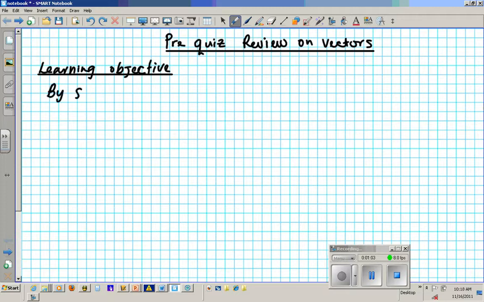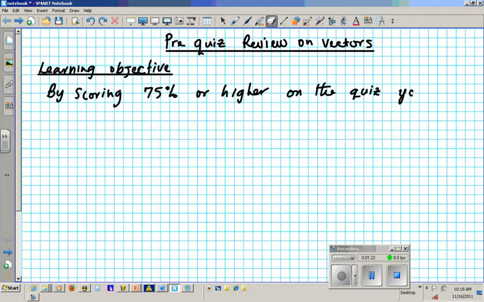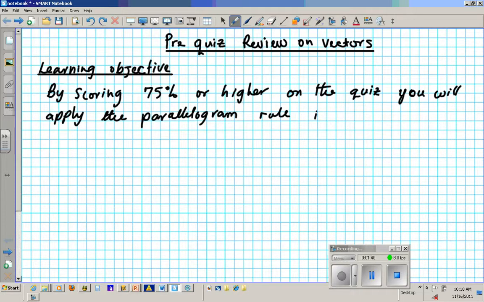By scoring 75% or higher on the quiz, you will apply the parallelogram rule in adding and subtracting vectors.